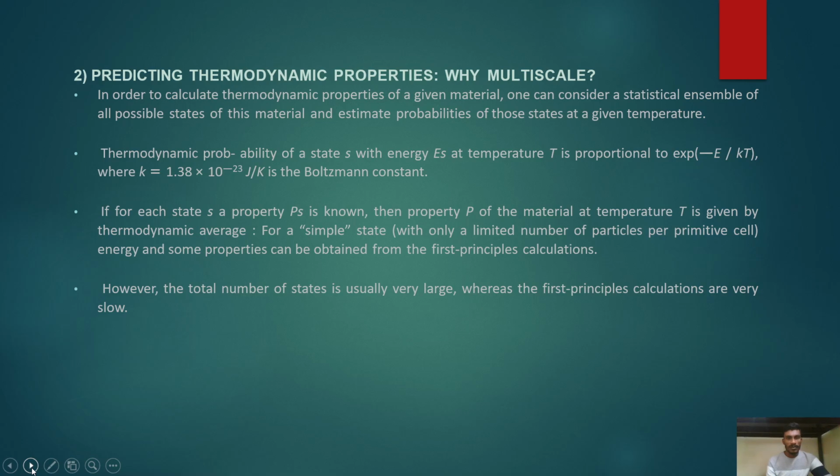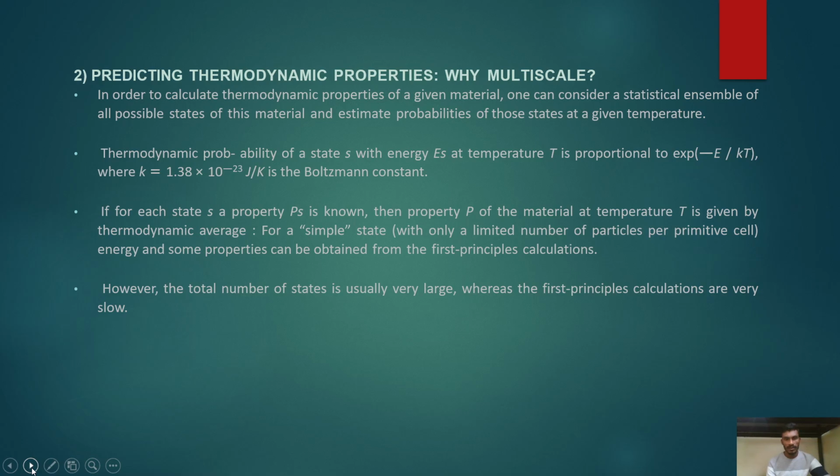Predicting thermodynamic properties by multiscale methods. In order to calculate thermodynamic properties of a given material, one can consider a statistical ensemble of all possible states of this material and estimate probabilities of these states at a given temperature. If for each state s the property Ps is known, then the property P of the material at temperature T is given by a thermodynamic average.